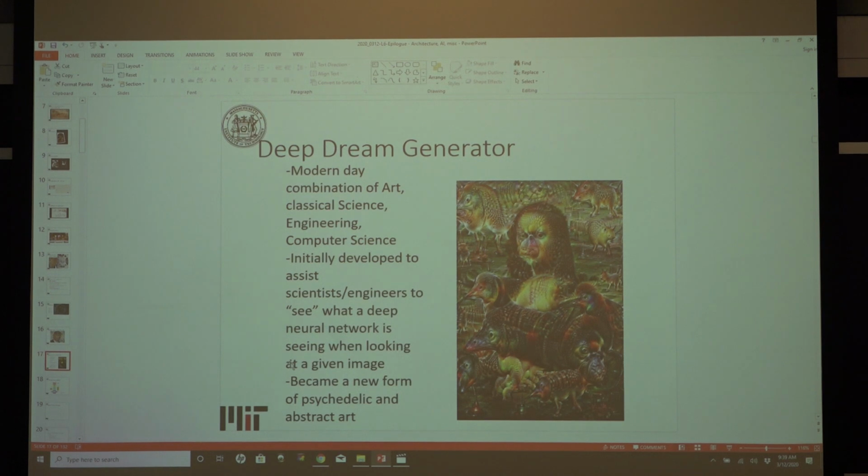So it is basically the modern day combination of art, classical science in the terms that we've used with Da Vinci, and computer science when we talk about the computing capability. It was initially developed to assist scientists and engineers to see what a deep neural network is looking at any given time.